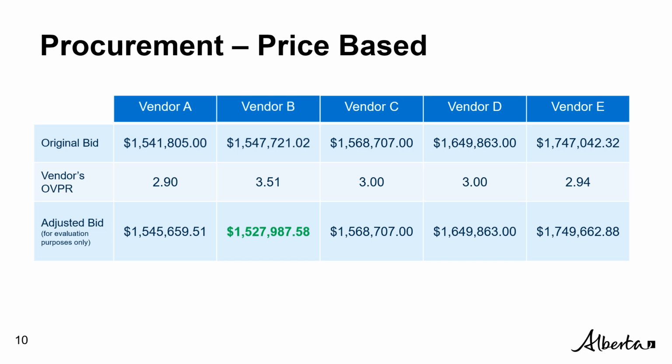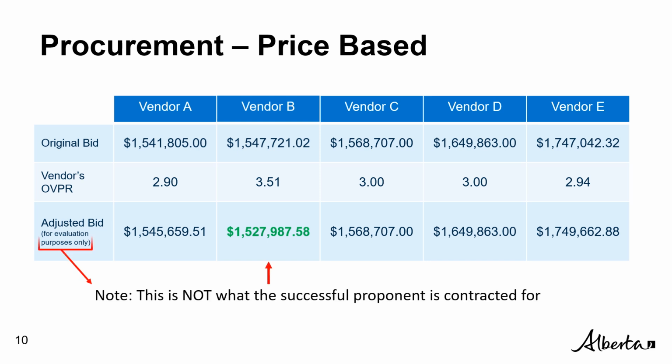Meanwhile, vendor A's OVPR of 2.9 caused them to incur a negative adjustment of 0.2%, raising the dollar value of their bid by $4,000. It is important to note that this is for evaluation purposes only. A vendor who has the dollar amount in their bid adjusted by their OVPR does not mean they are now contracted for that dollar value.